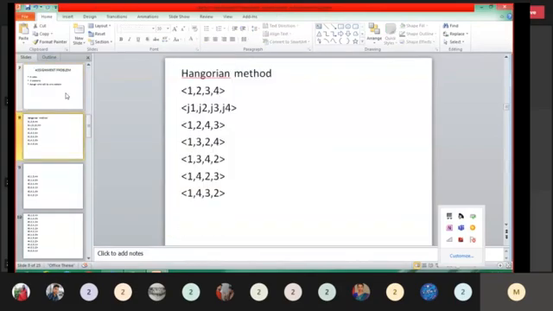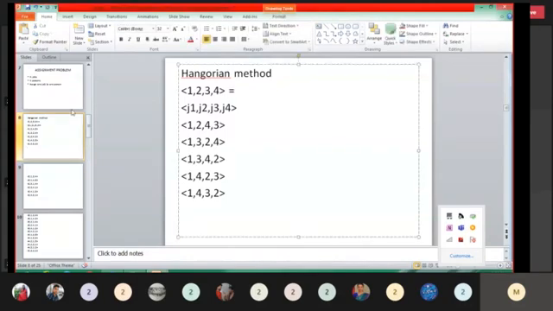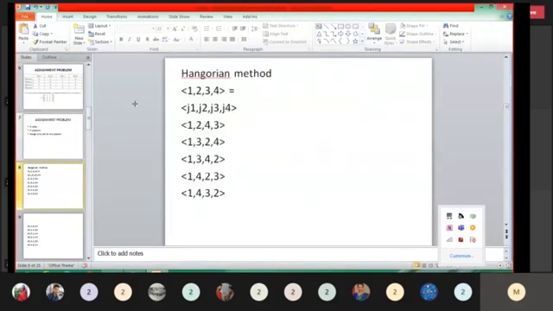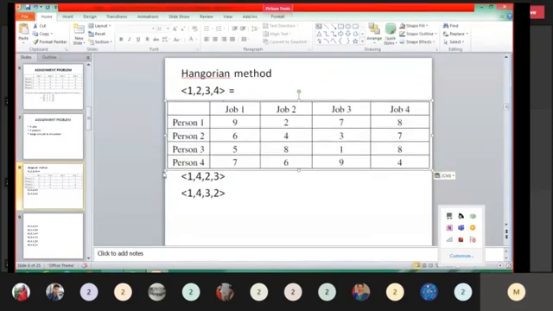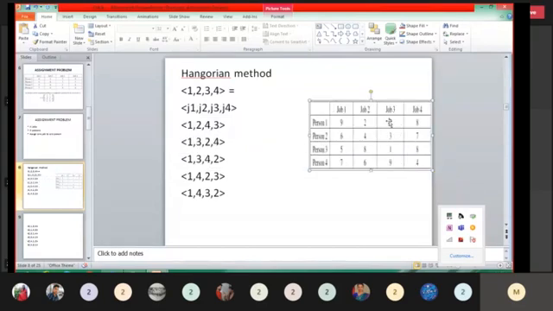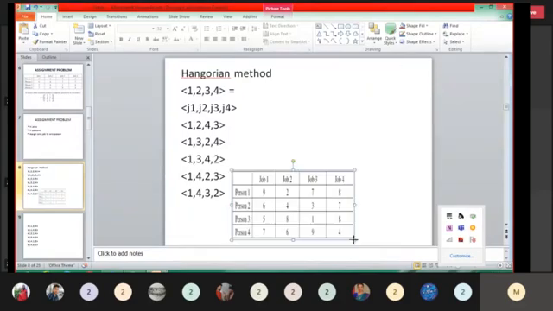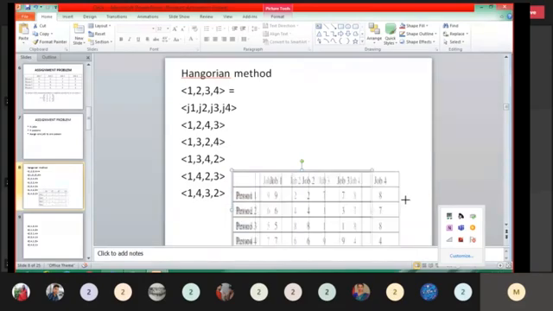So this method is called the Hungarian method. Okay, 1, 2, 3, and 4. Now we are going to assign. Now tell me 1, 2, 3, 4, right?